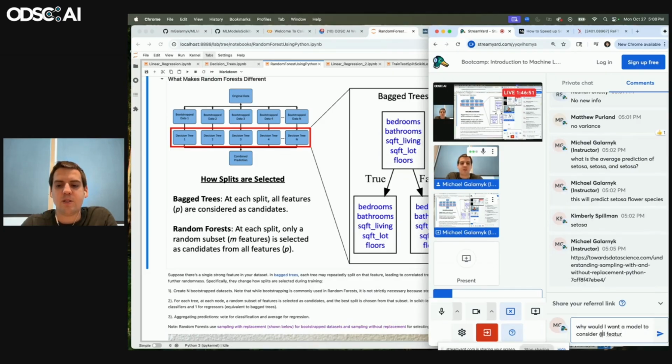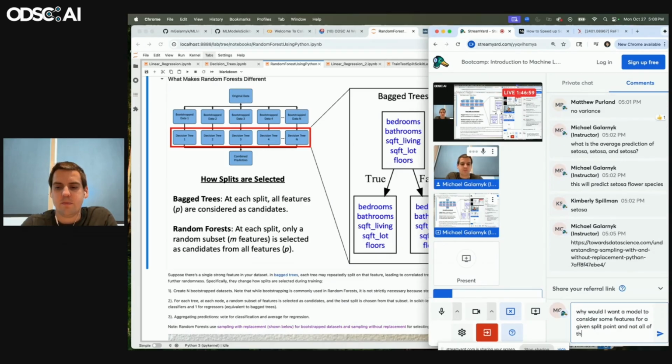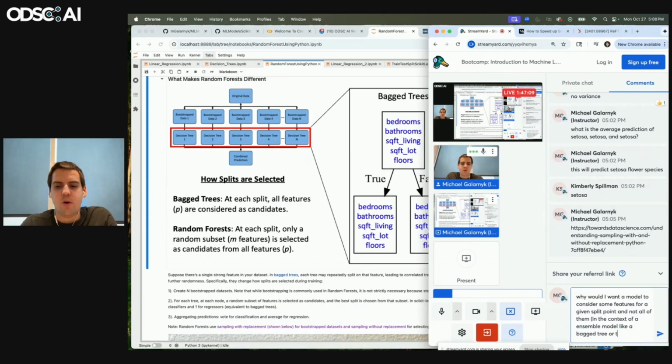I say some features for a given split point, like a bag tree or a random forest.